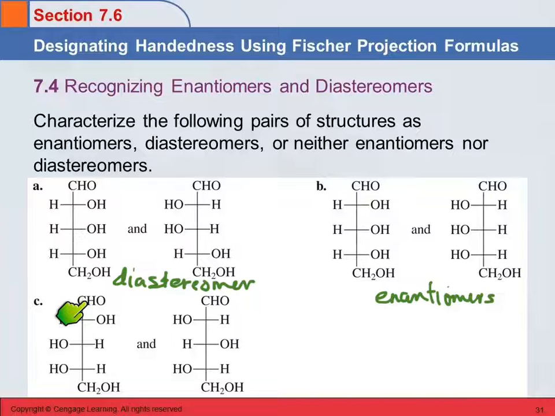When we look at carbon 1, that's the carbonyl group, carbon 2, hydroxyl group and hydrogen, 3, hydroxyl and hydrogen, 4, hydroxyl and hydrogen, 5 is the same. They've got the same things attached, but they're not mirror images, and so those are diastereomers. Any questions?